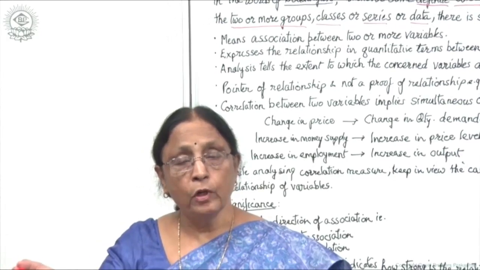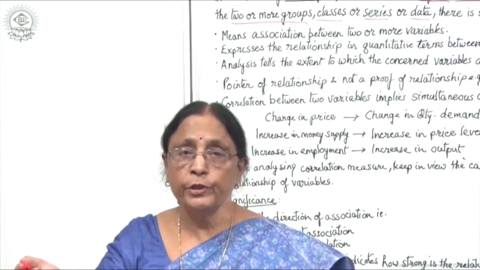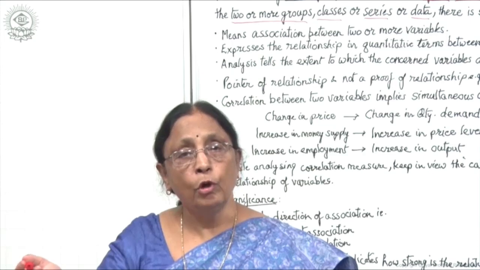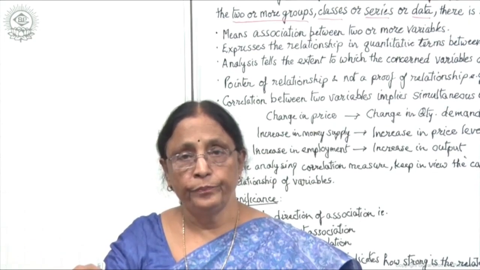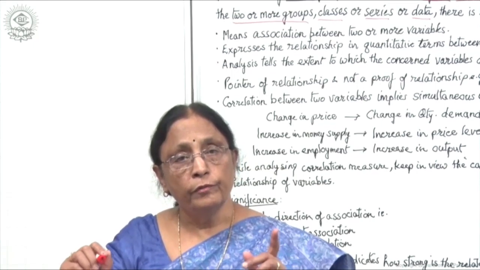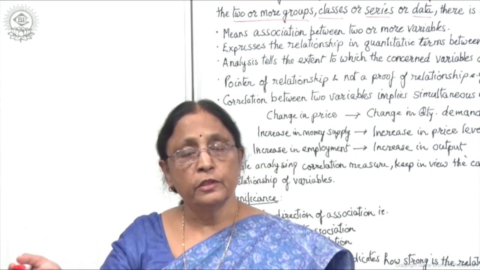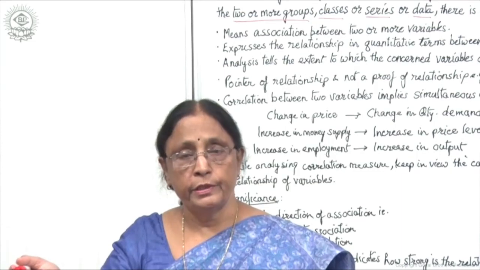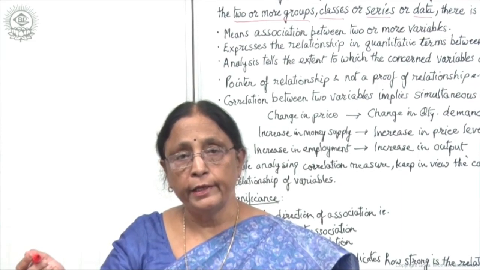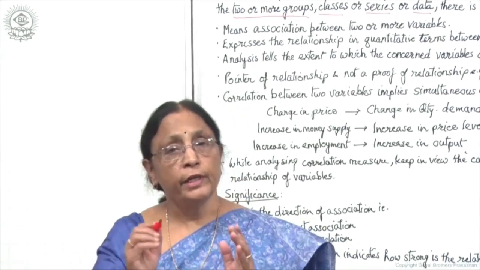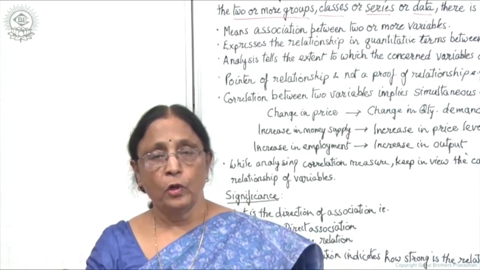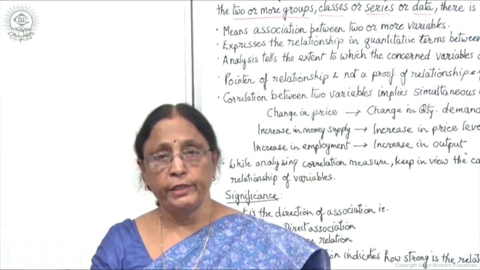Right? Why? Because the sellers or the producers will earn more profit by selling more goods at a higher price. So whenever the price increases, the supply is bound to increase. Now what does this indicate? This indicates that price and supply have a direct association, or they are positively related.